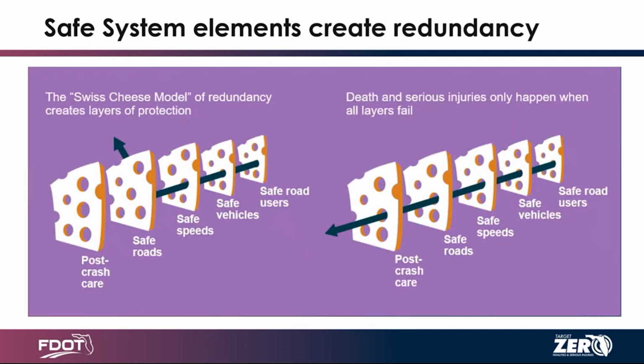Again, the Swiss cheese model of redundancy: if all these layers are in place, when something slips through one, it can be caught by another. A death or serious injury can only happen if all 5 layers or all 5 elements fail.